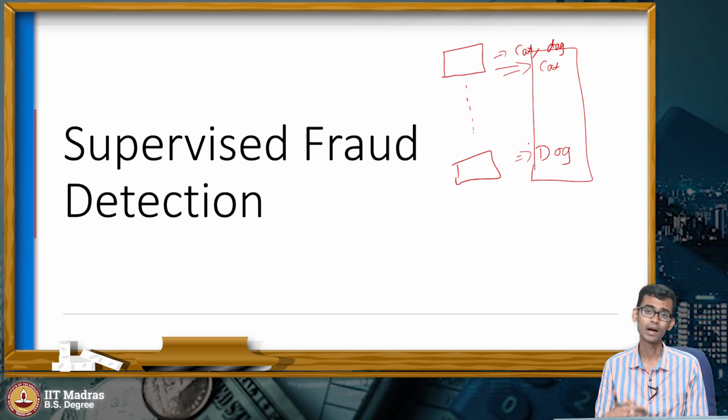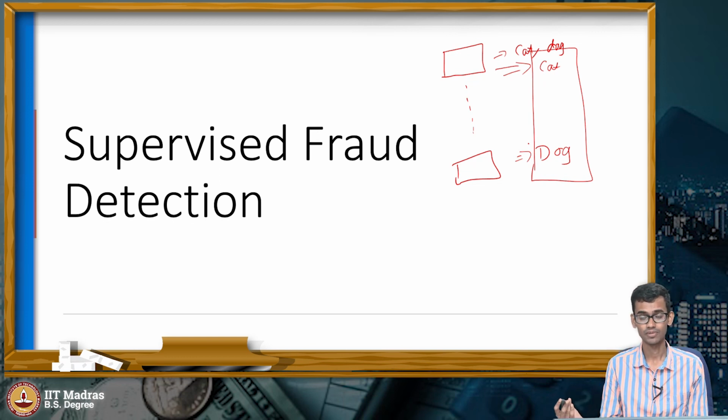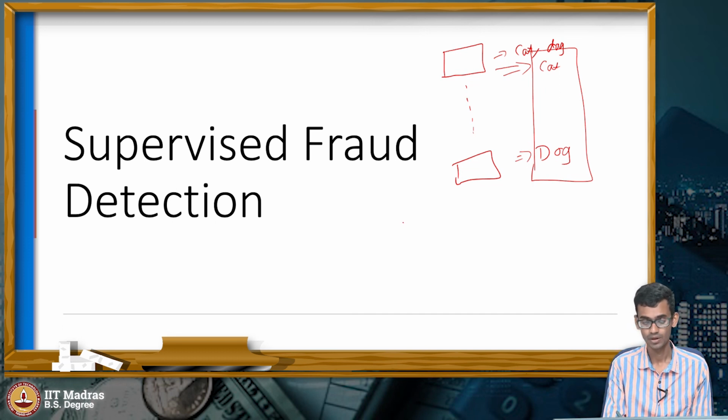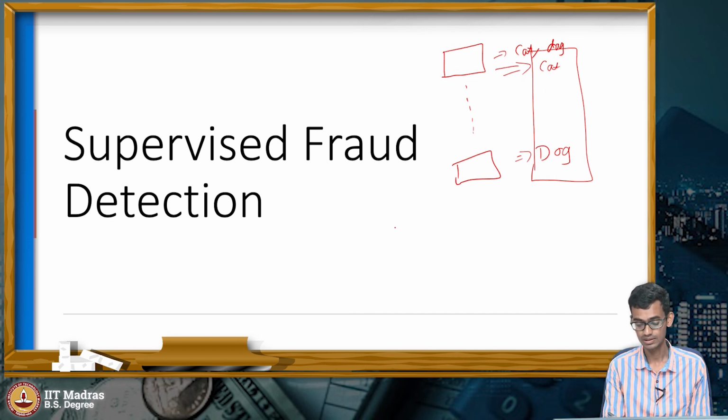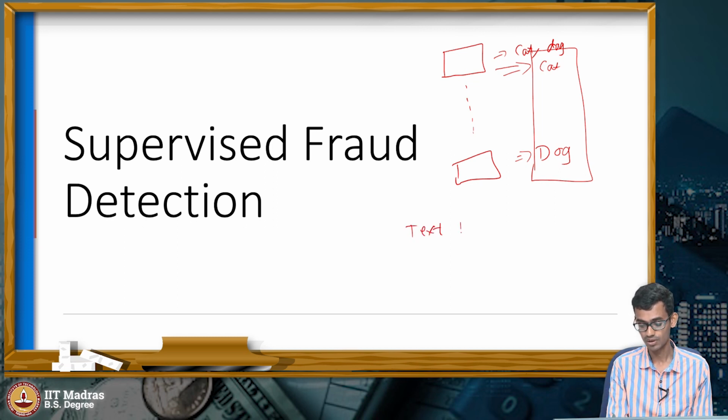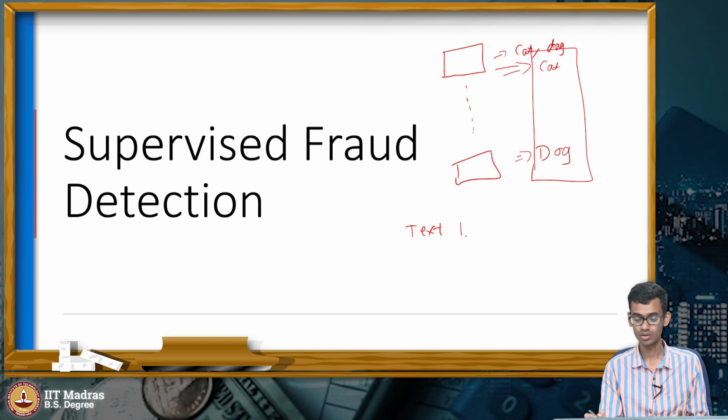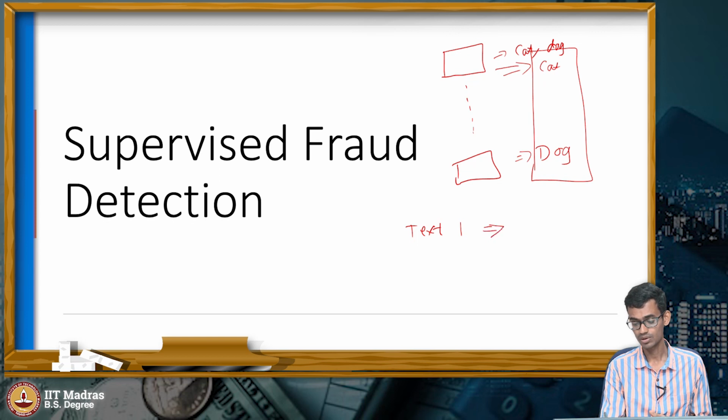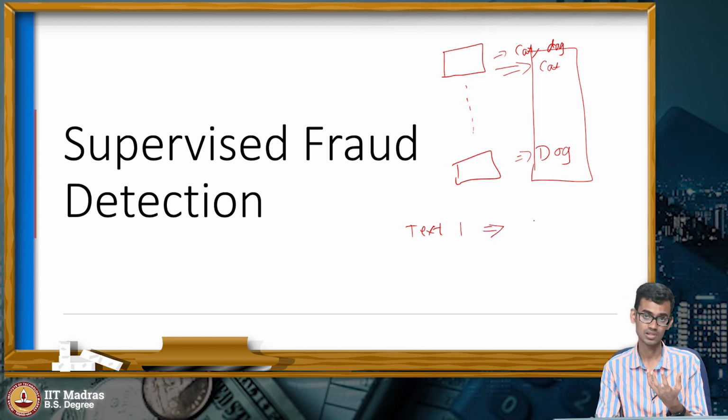There could be another example from the context of natural language processing, where let's say you have a text which is a review of a movie, and you want to know whether it's a positive review or a negative review. You have the label already, which is the sentiment attached to this text.